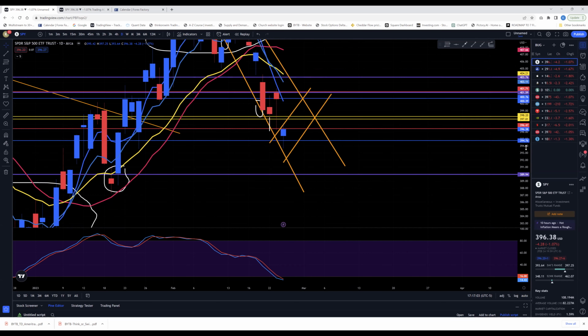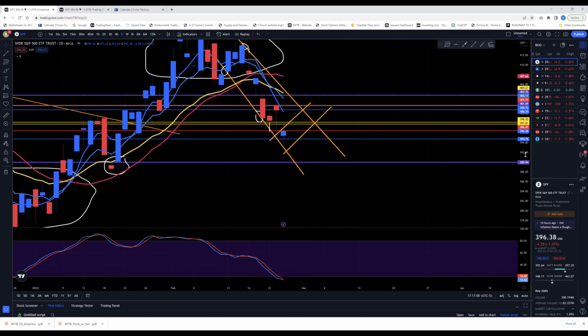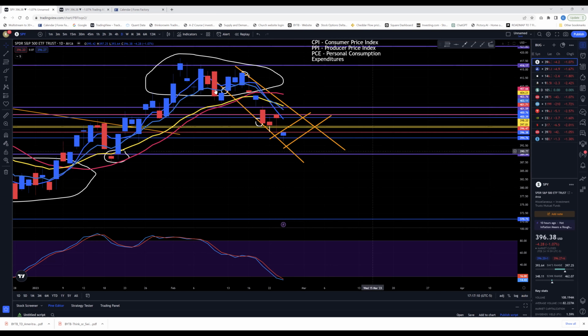Because remember, you need a catalyst to really move the market a long way. And again, the market doesn't typically go straight down. Now that we've started the downtrend, if I look at my EMAs, all of them crossed. My 9 has crossed my 20 EMA, and my 5 has crossed my 20 MA.